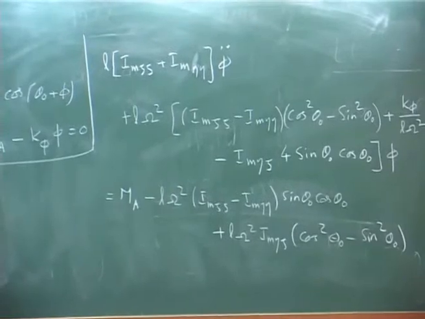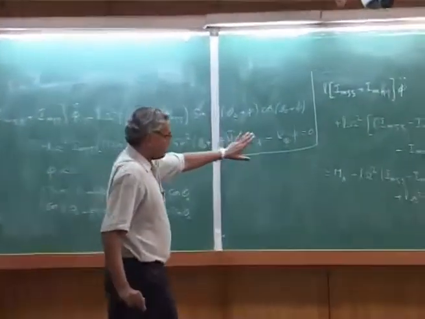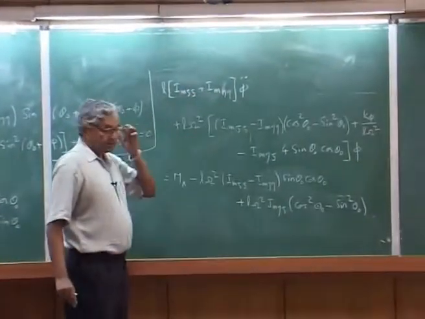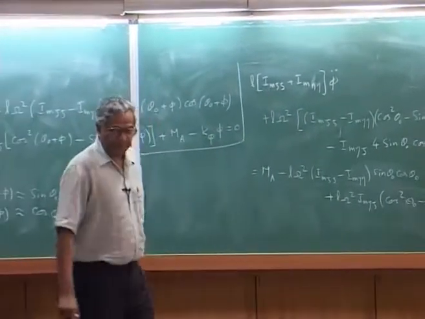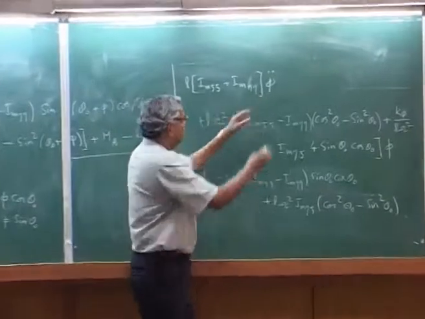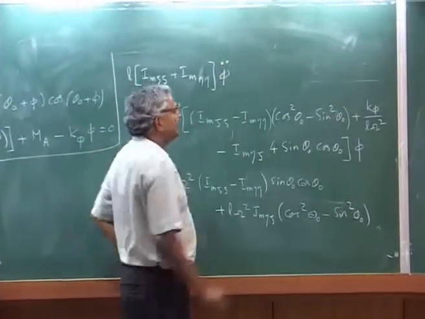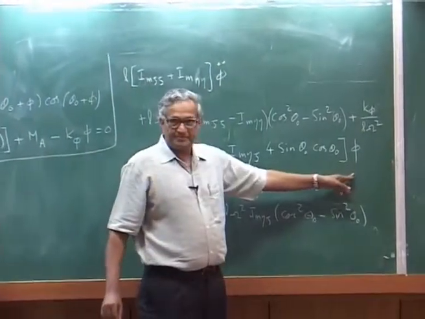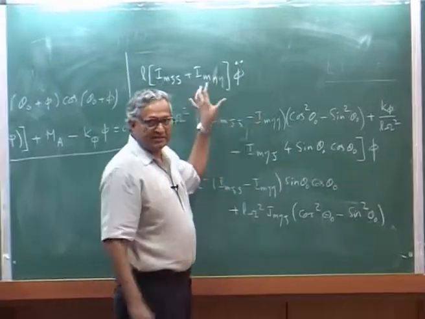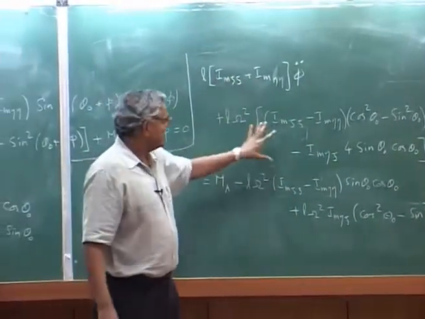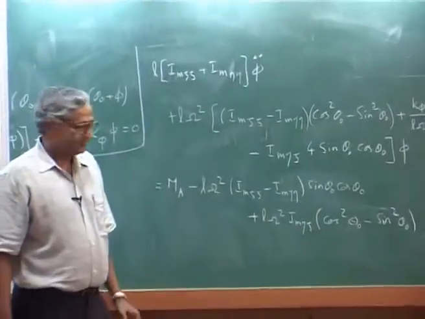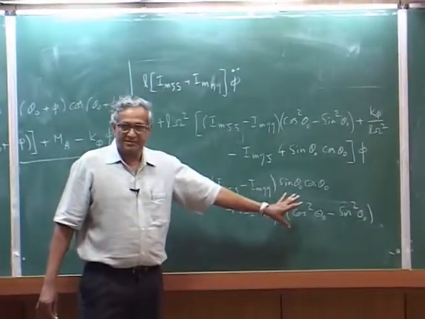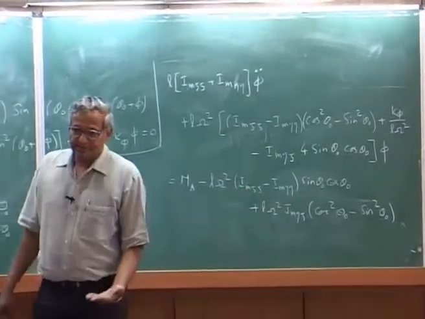You see now, this is my equation. It is a linear differential equation because there is a phi double dot and there is a phi. So this is like m x double dot plus k x equals some external loading.